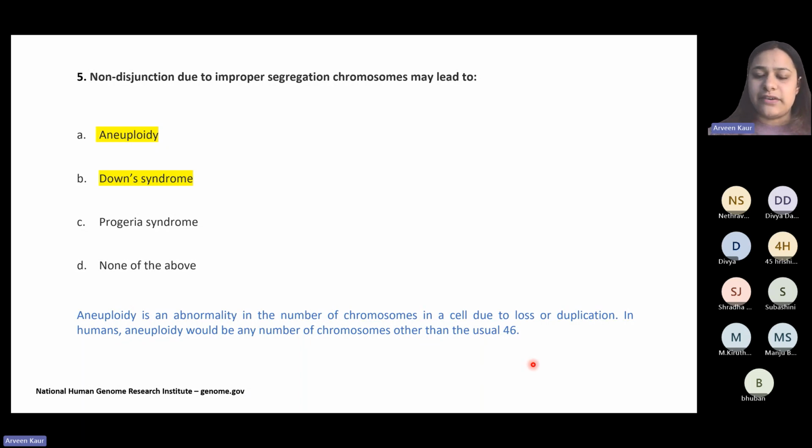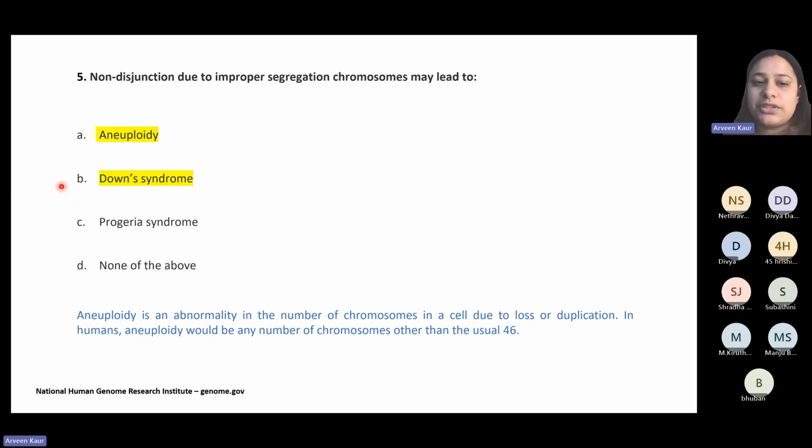So even if it is 45 or 47 or maybe 38 or 48, whatever the number is, if it is not 46, it will be an aneuploidy, right? So loss of chromosome or gain of chromosome or set of chromosomes, both of them come under this condition, which is aneuploidy, right? So if non-disjunction happens, aneuploidy could occur, right?